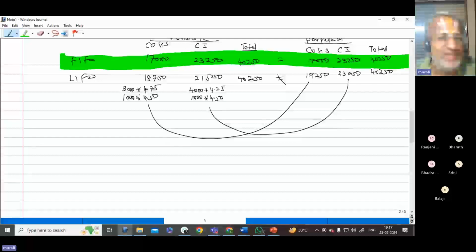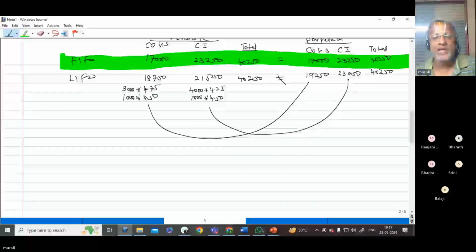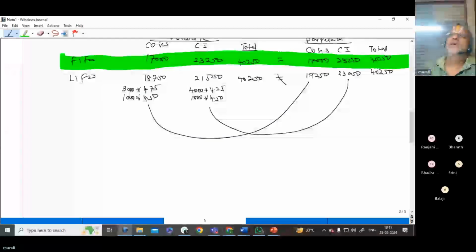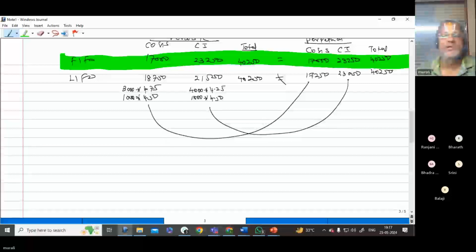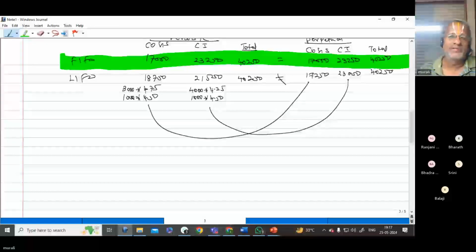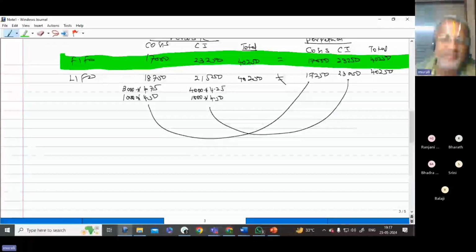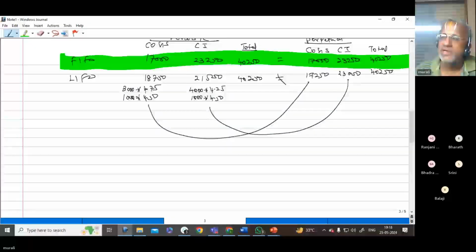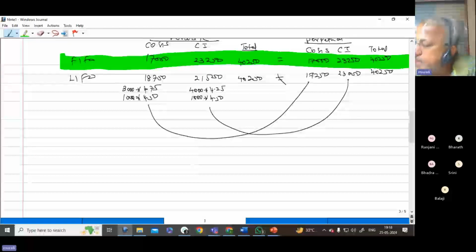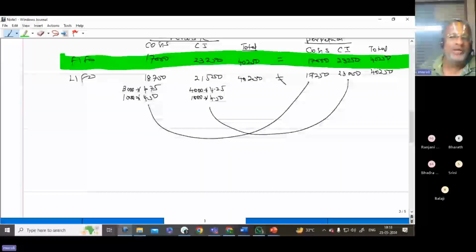Can you just take note of whatever I'm telling? Let me dictate. Closing inventory and the COGS shall remain the same, whether a periodic or perpetual inventory system is followed.